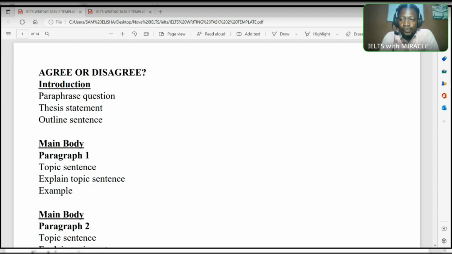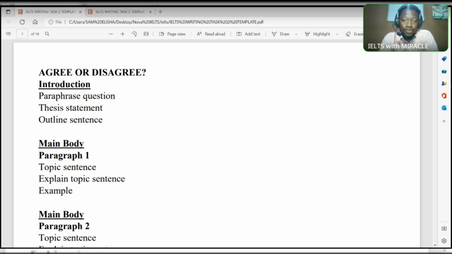Now, for task 1, you should write not less than 150 words. That means your responses should not be less than 150 words. While for task 2, you should write not less than 250 words. So the word count is very, very important. You don't want to miss that.